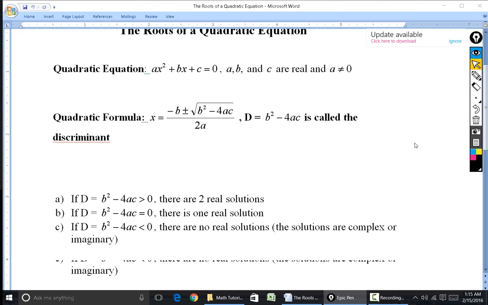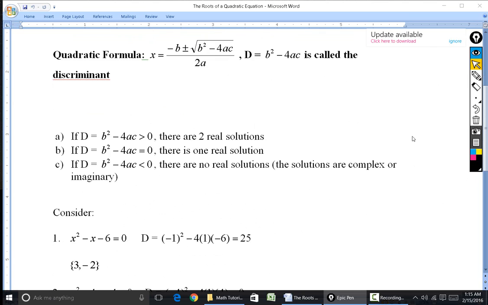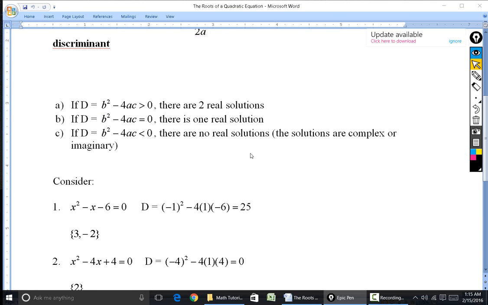And I've got some examples here. So notice x squared minus x minus 6. If I were to take the values, a would be 1, b, that's the coefficient of the x, is -1, and c is minus 6. So if I plug it into this discriminant formula, I would have minus 1 squared minus 4(1) times minus 6.